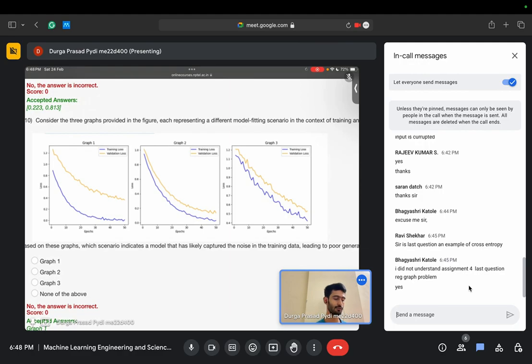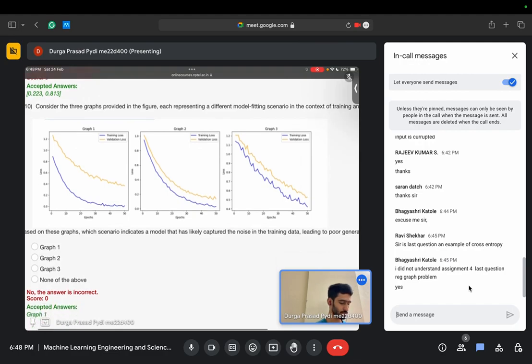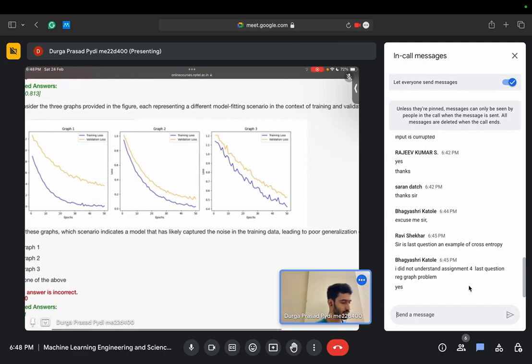If you happen to see, like in the last one, both the training as well as your validation are very close to each other, which means your model has been able to capture it properly, like it is able to understand the training data properly.